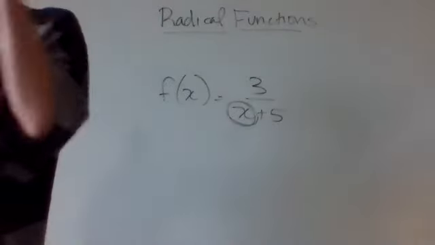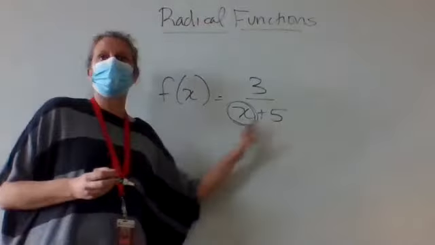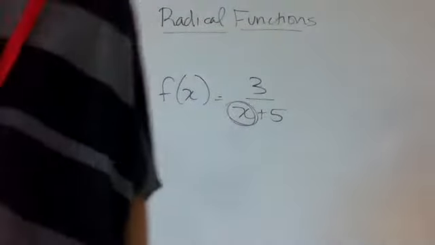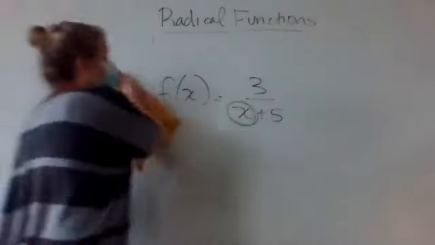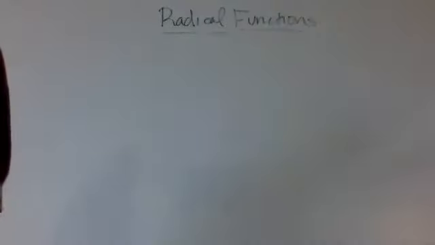So you would have to leave out the x value that would turn this denominator into 0. Okay, radical functions also are going to have limitations or restrictions, or square root functions will, like number 1.